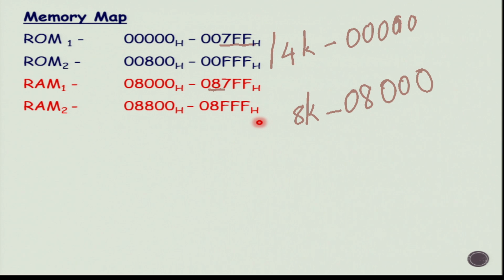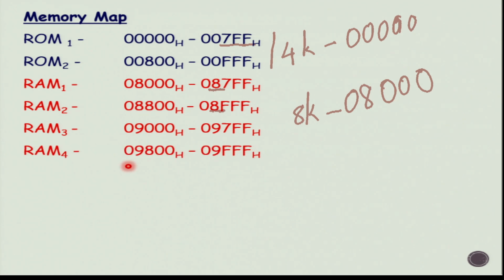So if RAM 2 finishes at 08FFF, the next RAM will start at address 09000, goes up to 097FF. The last RAM chip will start at address 09800, goes up to address 09FFF.